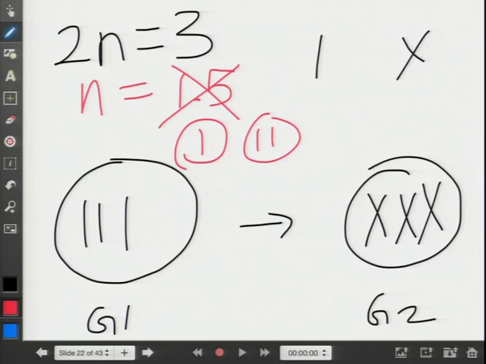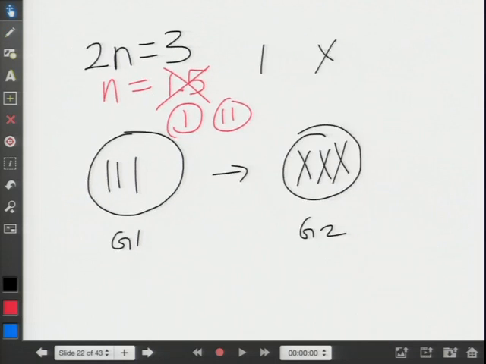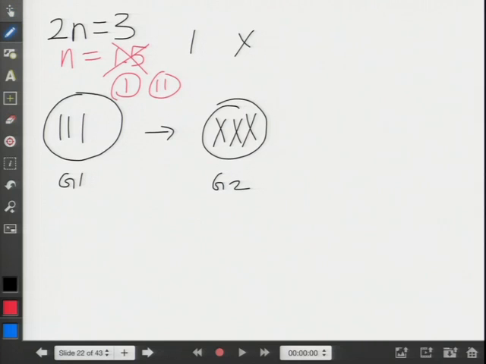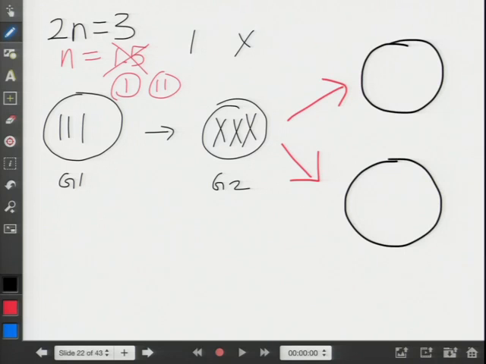So for this guy, the next step after G2 is mitosis. We go through all the phases, we pull apart the chromosomes. Each one of these X's, in anaphase, one side of the X goes one way, one side of the X goes the other, towards the poles.